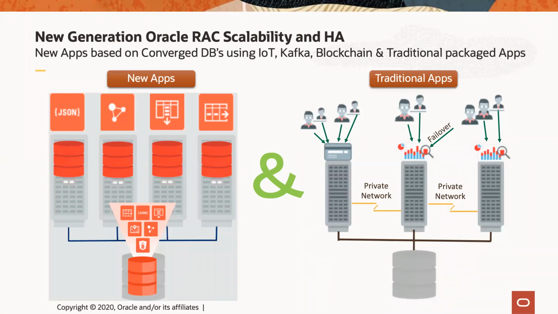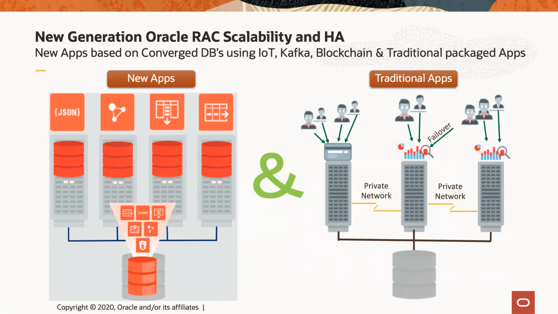Now that we know what Oracle Real Application Clusters is, we need to talk about what this new generation Oracle Real Application Clusters is. Well, new generation Oracle Real Application Clusters is based on 19C, and it essentially allows you to utilize the latest new application development paradigms like JSON, Kafka, blockchain, or whatever, and still put all of these together into a converged database on Oracle RAC and be able to benefit from the scalability and HA benefits, right?